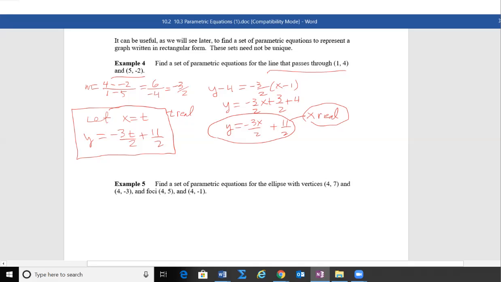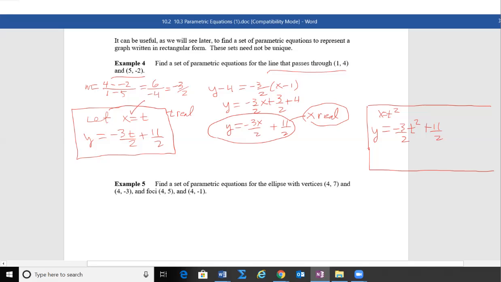However, if for some reason you thought that you might try a different parametric set, you might say, well, you know what, I'm going to let x be equal to t squared. Well, that would make y equal to -3 halves t squared plus 11 halves. That's okay, except that by choosing this, you now have lost the negative values for x that we had over here.